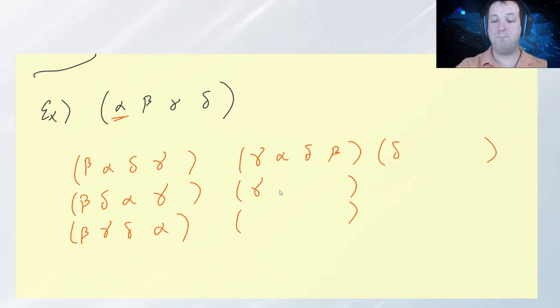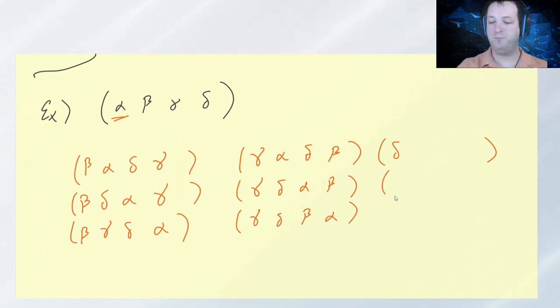Similarly, beta cannot be in position 2, so delta is another possibility for position 2. We can have alpha in position 3, that's okay, and position 4 for beta, that's okay too. We could also switch alpha and beta in that order as well. Why not? That's not a problem. So beta, alpha, that's okay.